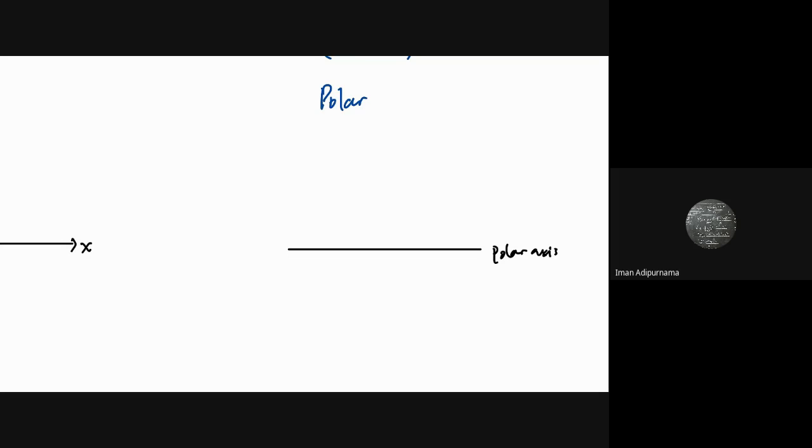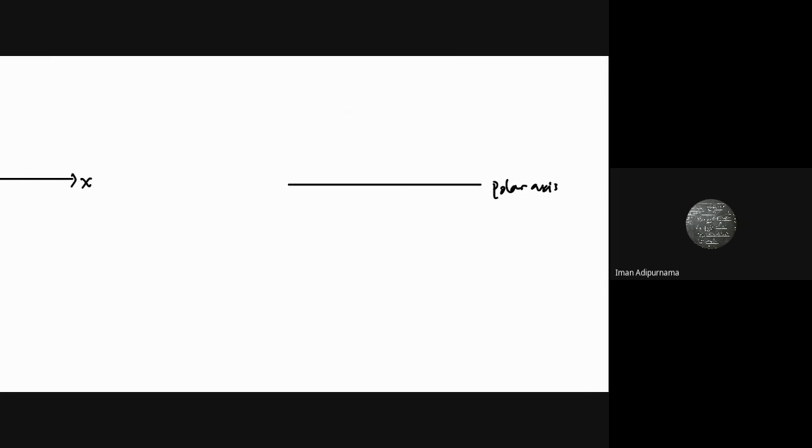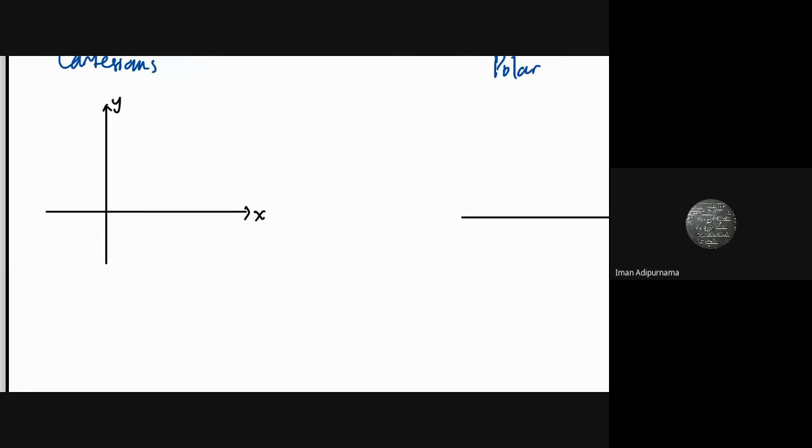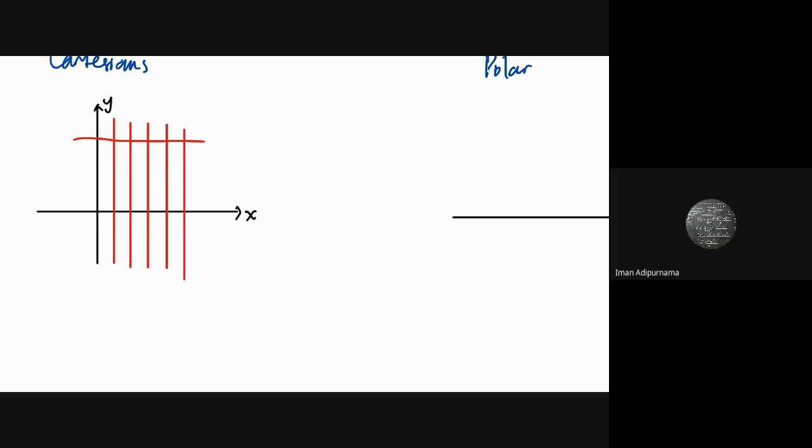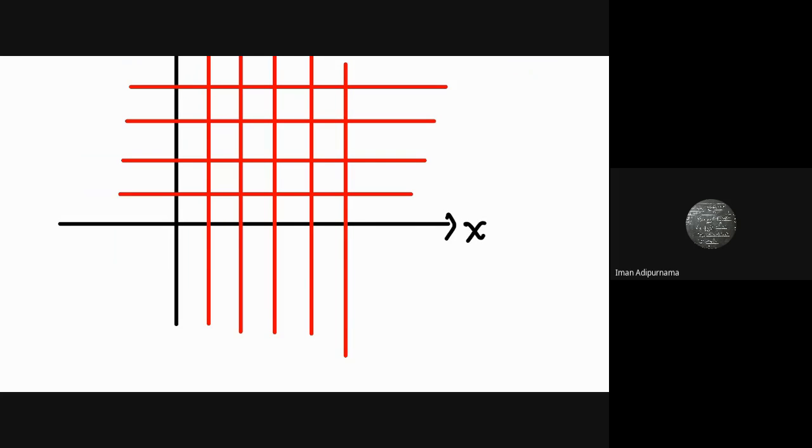And how do we deal with the graphs? Usually the rectangular or Cartesian system has some rectangular grid like this, which means that every square is 1 by 1 unit.